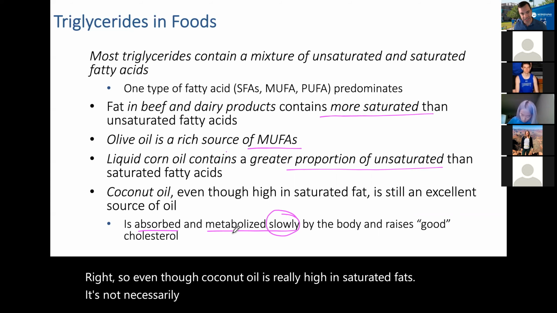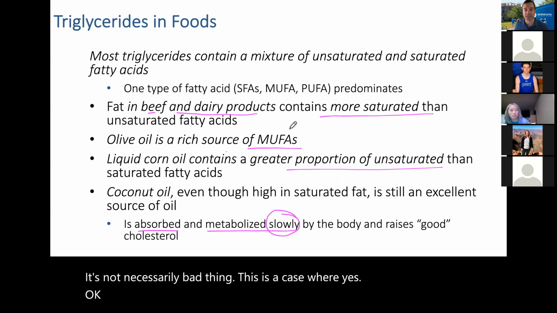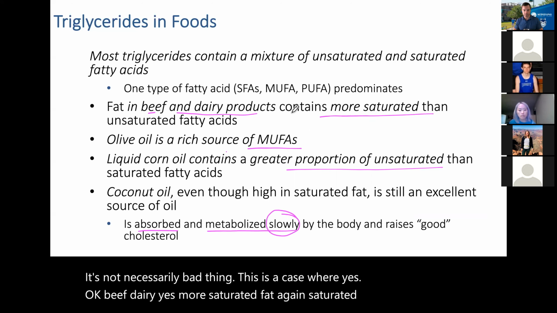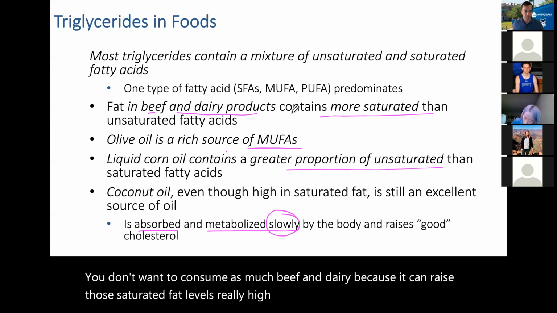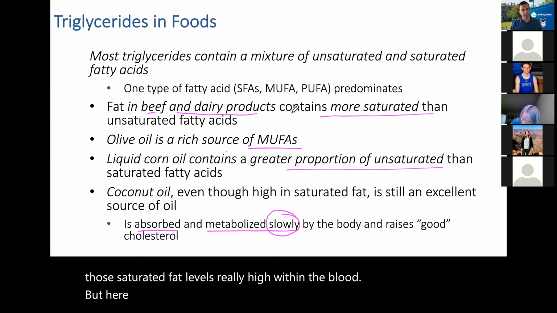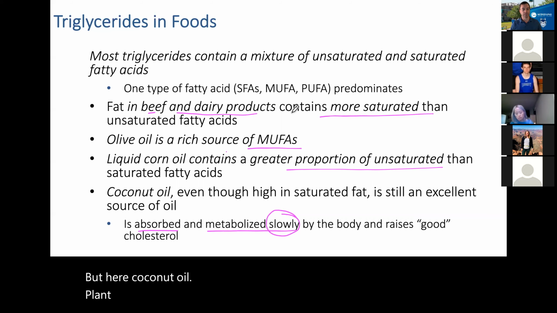This is a case where, yes, beef, dairy, more saturated fat, again, saturated evil. You don't want to consume as much beef and dairy because it can raise those saturated fat levels really high within the blood. But here, coconut oil, plant-based, not as evil.